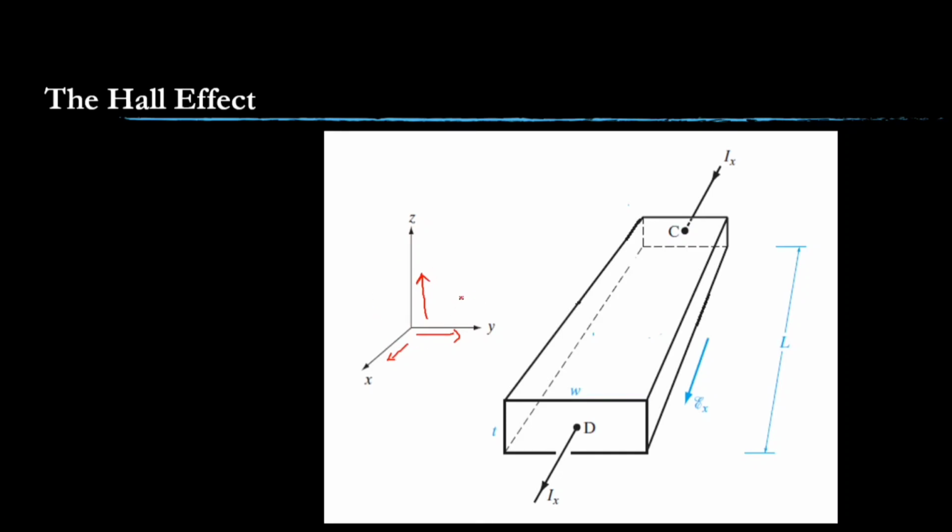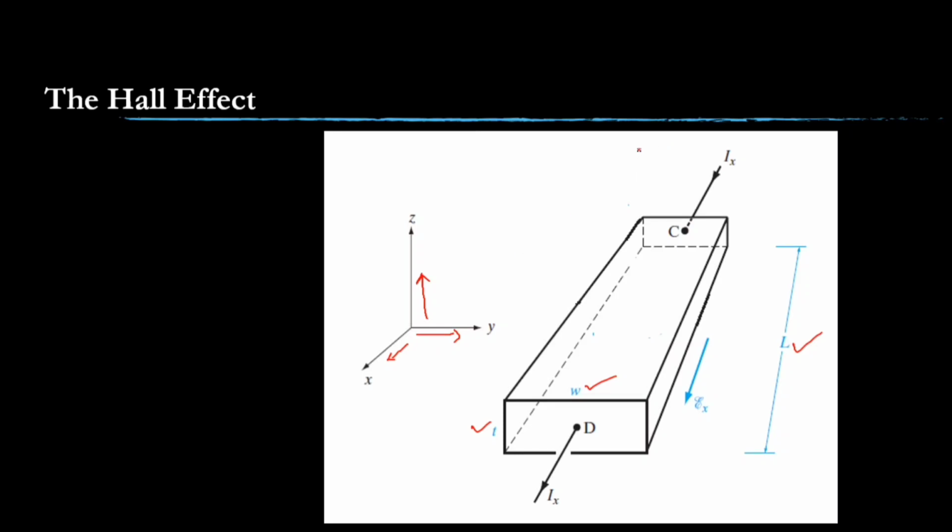I am going to place this semiconductor bar which has a length L, a width W, and thickness T. I am going to place this semiconductor bar in this XYZ coordinate system. You can think something like this.